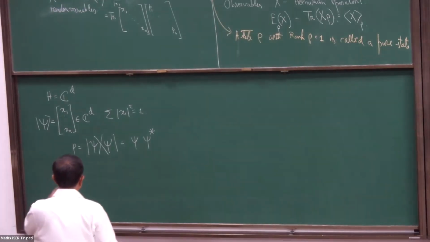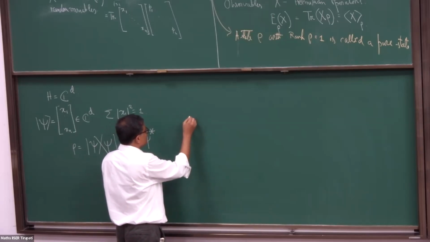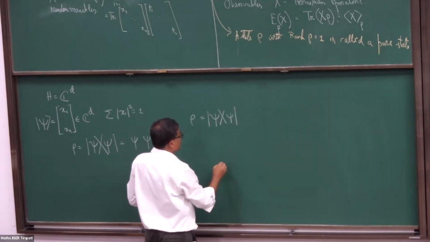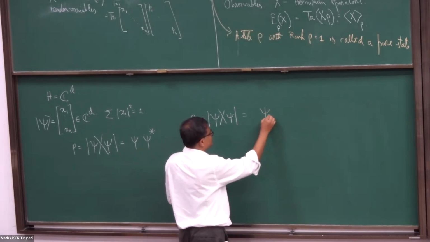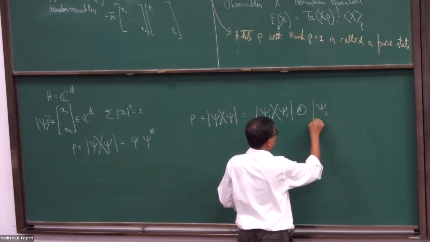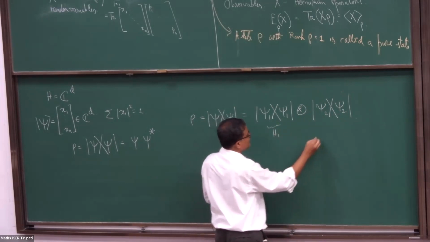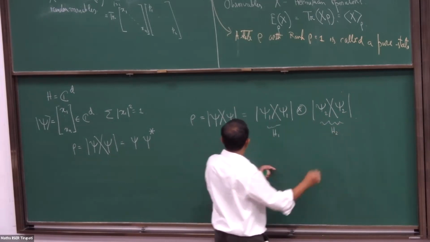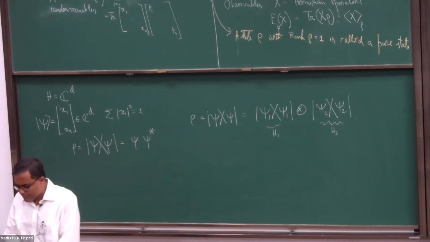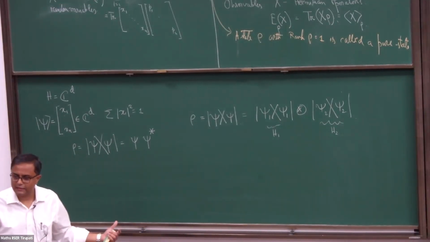There is an easy answer for this object, because one thing happens: if your state rho is a rank 1 operator, that is psi, then it will break as psi 1 tensor psi 2, where this one is upon the Hilbert space H1 and this one is upon the Hilbert space H2. And there is something called taking the partial trace, that means removing one Hilbert space and keeping just the other Hilbert space.